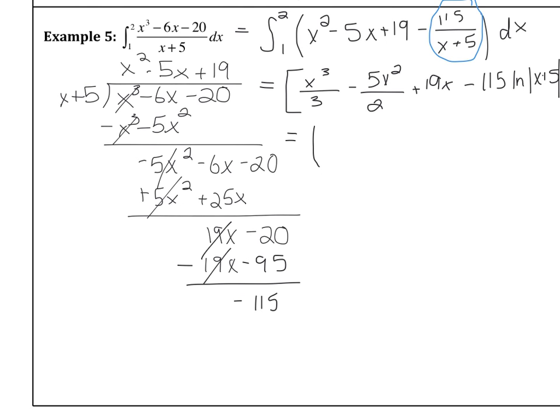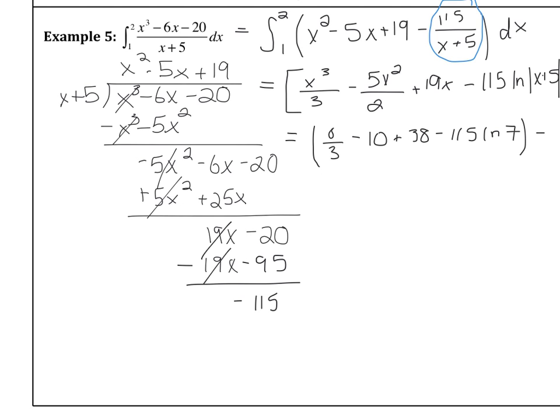So we're going to have, let's see, 2 cubed, so 8 over 3 minus, is that going to be 20 over 2, so that'll be 10, plus 19 times 2 is 38, minus 115 times the natural log of that was x plus 5, so that's going to be the natural log of 7.